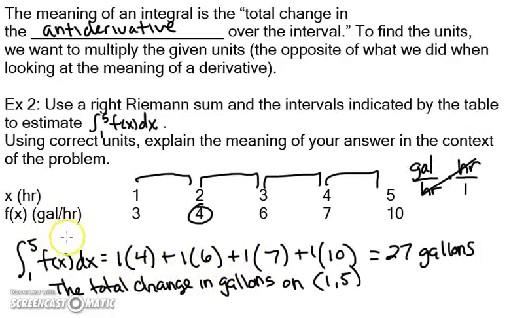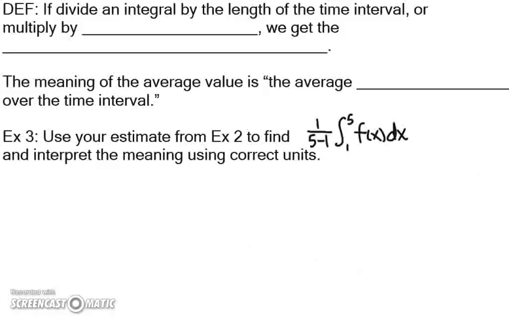Now we have one more thing we got to get to real quick, and then we'll call it quits on this video. So the last thing we need to talk about is going to be average value. So if we divide an integral by the length of the time interval, or if we multiply by 1 over b minus a, we get the average value.